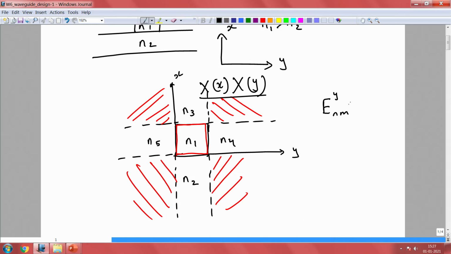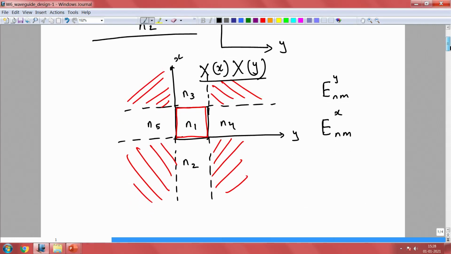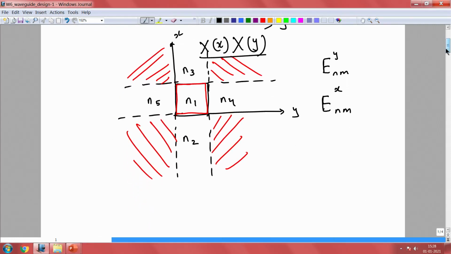So, you have the electric field along this y direction, and you could also have x, along m and n. In this case it is parallel to the x axis. These are all different notations that we use to designate the various fields that you have in this particular rectangular geometry. This is a little different from what we saw in a slab waveguide.